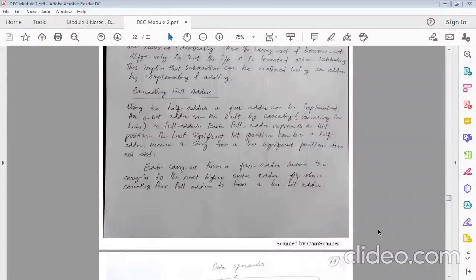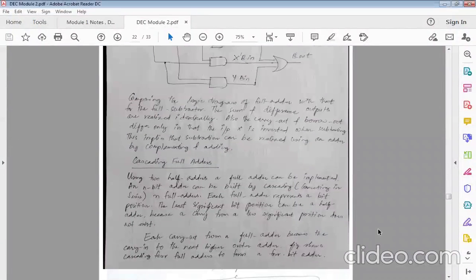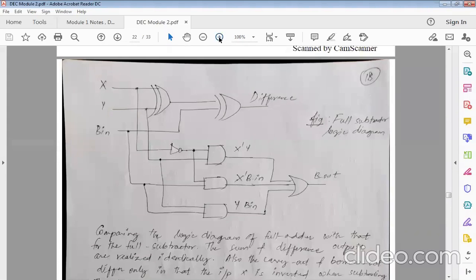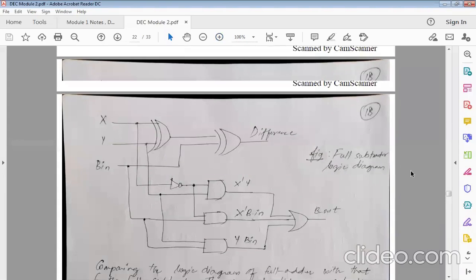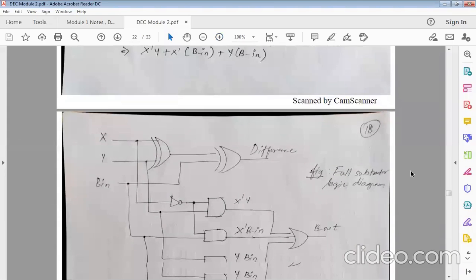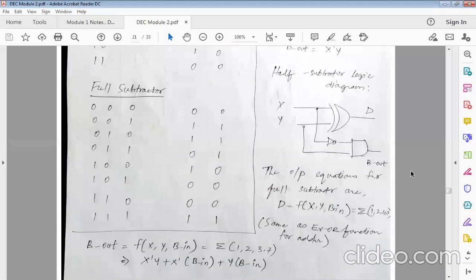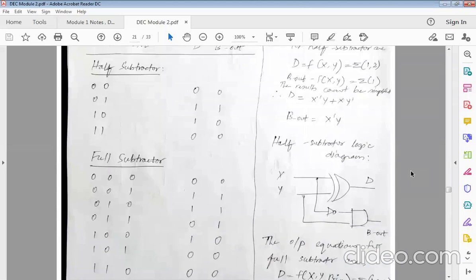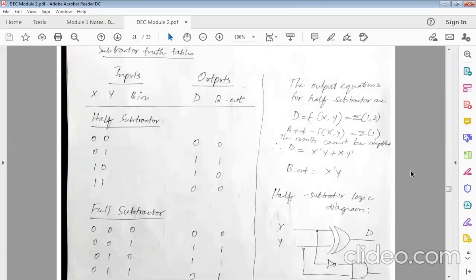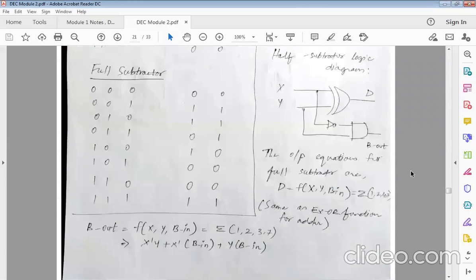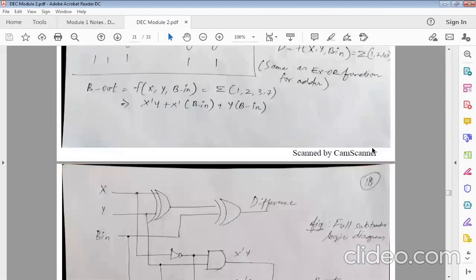So today we will be discussing cascading full adders. Yesterday we had seen adders and subtractors, right? We looked at different circuitries, different truth tables and how they are generated, and how we can generate equations from the truth table and consequently the logical circuitry.